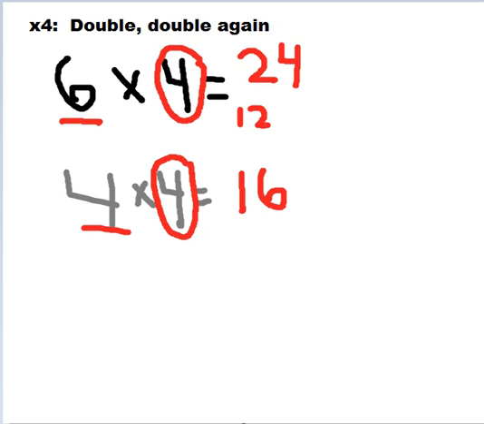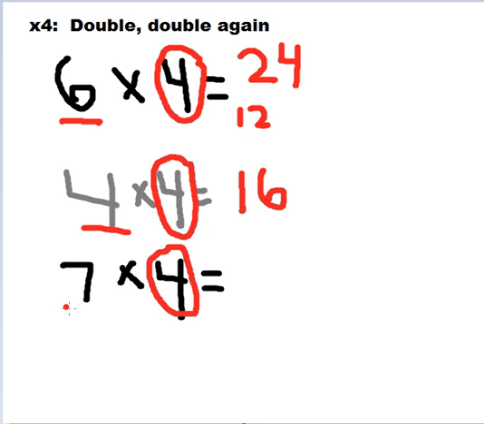Let's do 7 times 4. And again, we're going to circle the 4 because that is the rule that we're using. And we're going to underline the 7. So we're going to double 7. 7 plus 7 is 14.